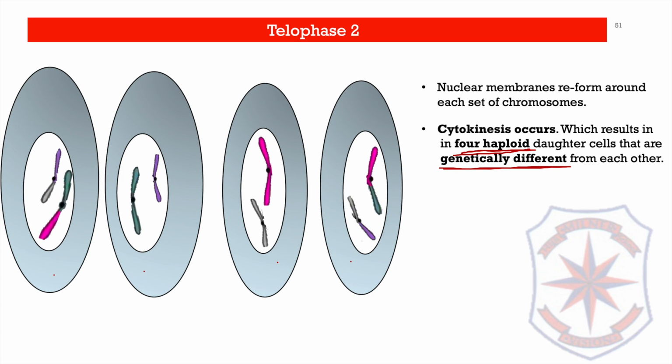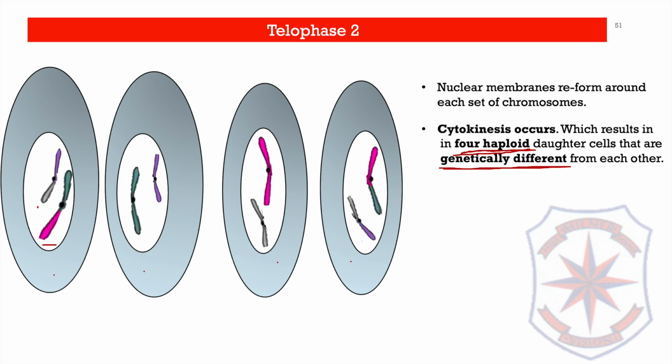Okay? When you look at the chromosomes, remember the colors of the chromosomes represent combination of genes. No chromosome is the same as in another cell. So each cell has different combination of genes. Therefore, the cells are genetically different from each other. All right? Another thing that we must note is how many chromosomes do we have in this cell?